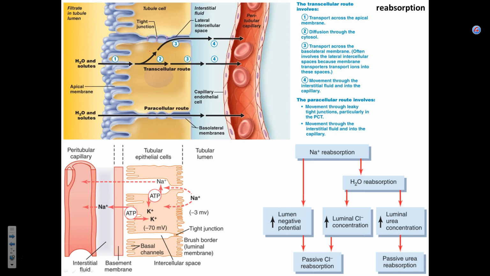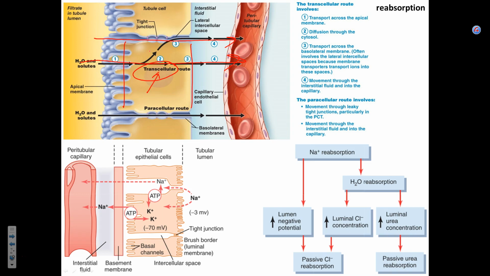Well, first, we can see if the compounds that are being reabsorbed go through the membranes of the renal epithelium, or they move between the cells. The route which includes a transport of compounds through the membranes is called the transcellular route.